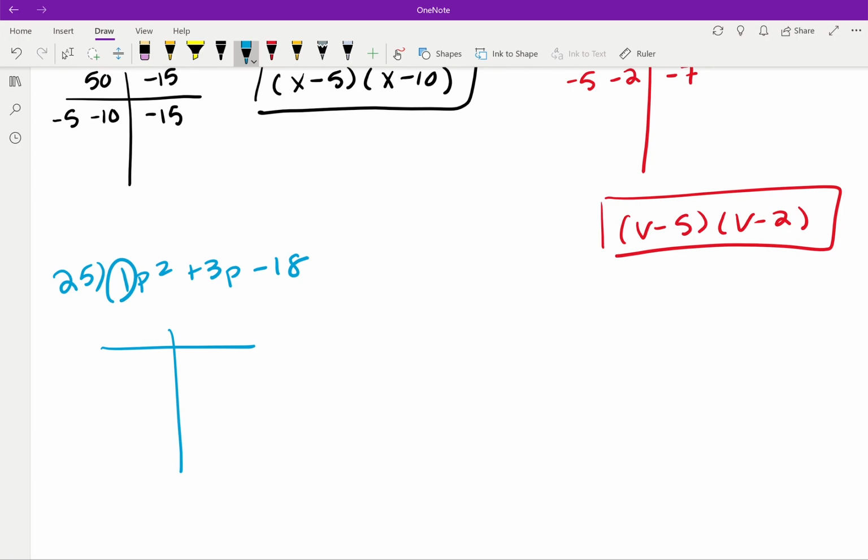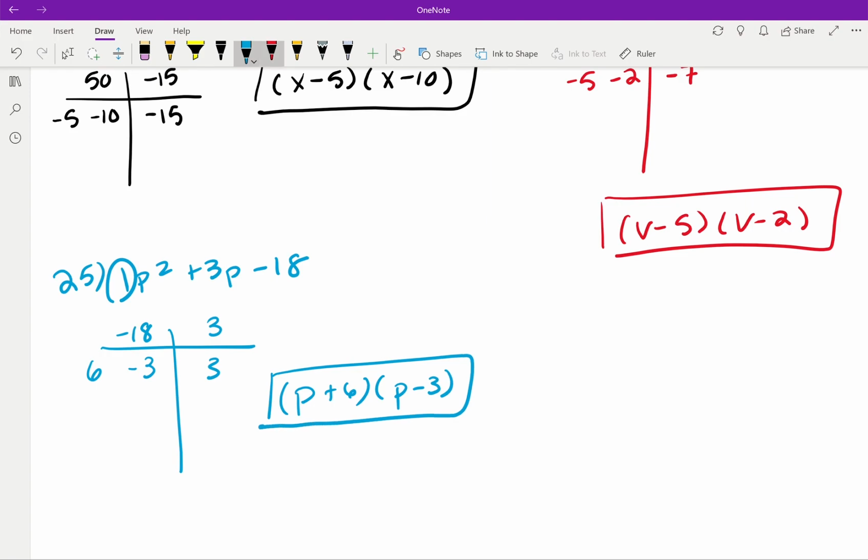I need two numbers that multiply to negative 18 but add to 3. That would be 6 and negative 3. 6 times negative 3 gives us negative 18, and 6 plus negative 3 gives us 3. So my answer is p plus 6, p minus 3.